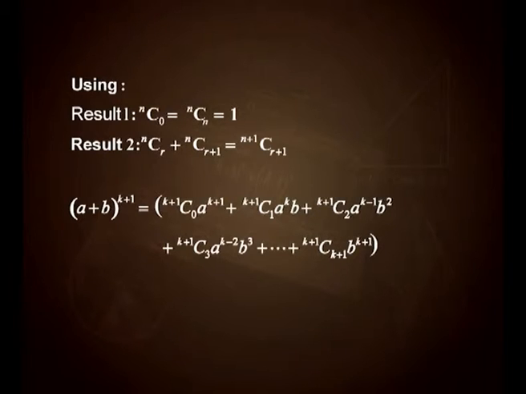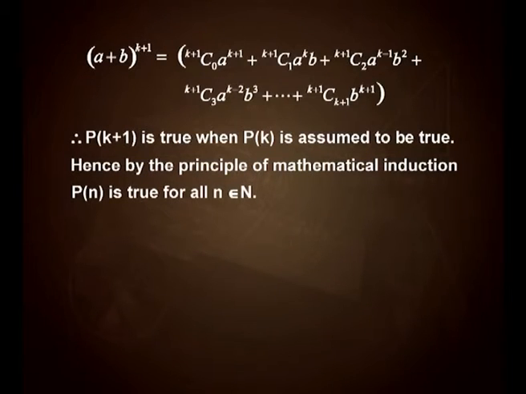We were looking at proving P(k+1) to be true, and this has been proved based on the assumption that the result was assumed to be true for n equal to k. So, in the language of the principle of mathematical induction, we conclude by saying that P(k+1) is true whenever P(k) is assumed to be true, and therefore, by the principle of mathematical induction, the result must be true for all n where n belongs to natural numbers.